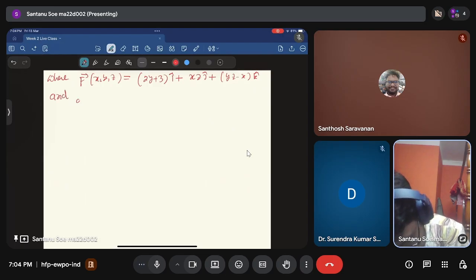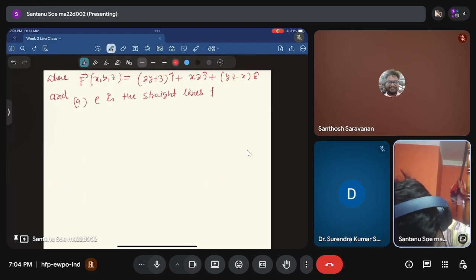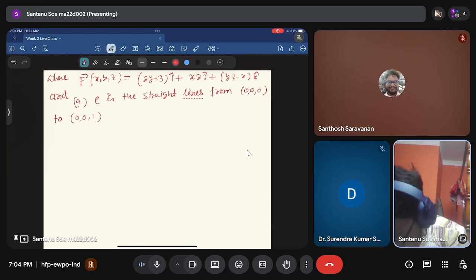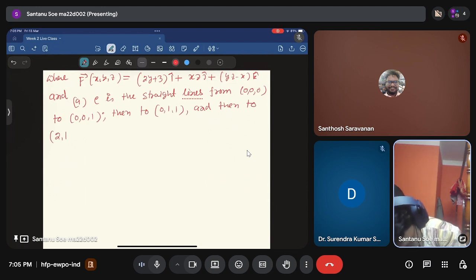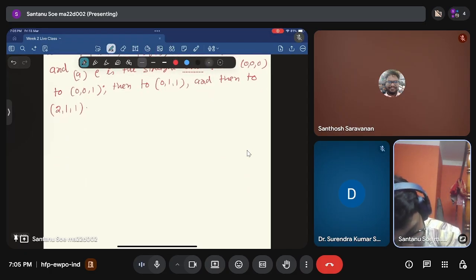And C is the straight lines from (0, 0, 0) to (0, 0, 1), then to (0, 1, 1), and then to (2, 1, 1). Okay.